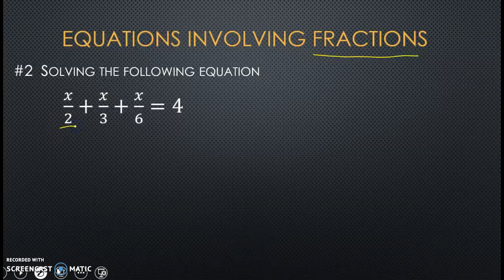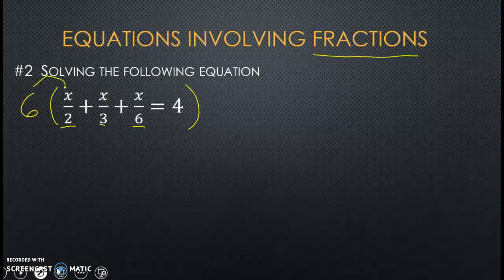What does 2, 3, and 6 all go into? Well, they all go into 6. So what I'm going to do is take this entire equation and multiply everything by 6.